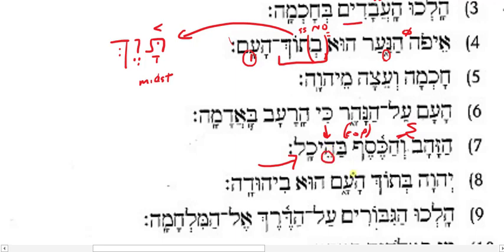Does the article hey ever have a tsere? No. What are the vowels that the article hey could have? Patach, qamets, segol. Never tsere. So what's this hey doing here? It is part of the word. That's right. So don't try to analyze that as something it's not.